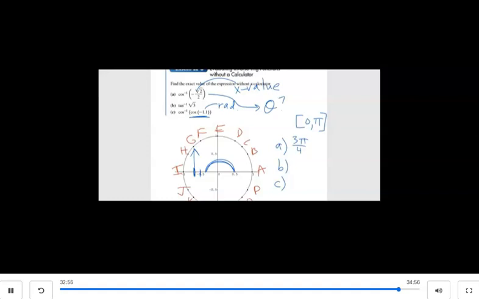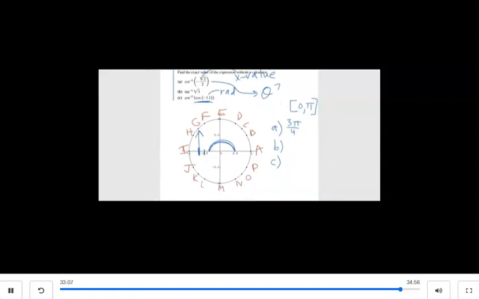I can't be too wrong. Negative 3.14 would be negative pi or negative 180. So somewhere in that range. Anyway, if you're down here somewhere, the cosine of that is an x value, right? But then it's going to take me to the top half of the circle.